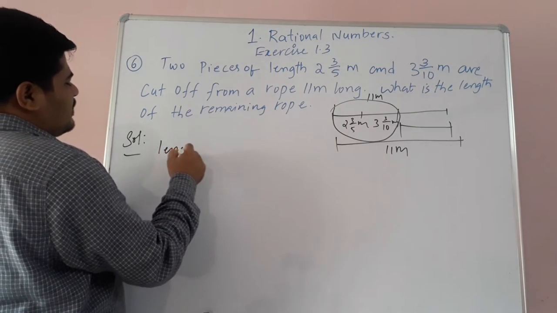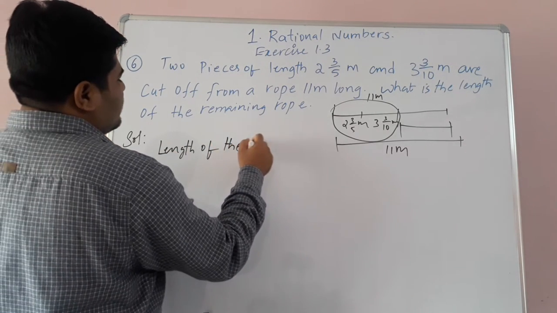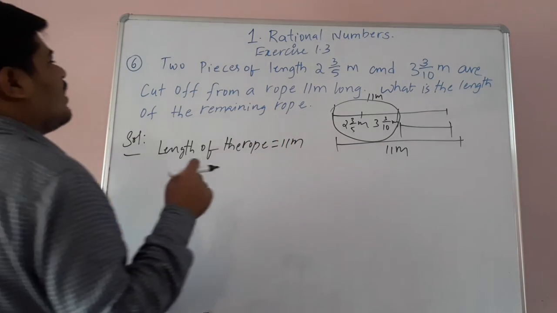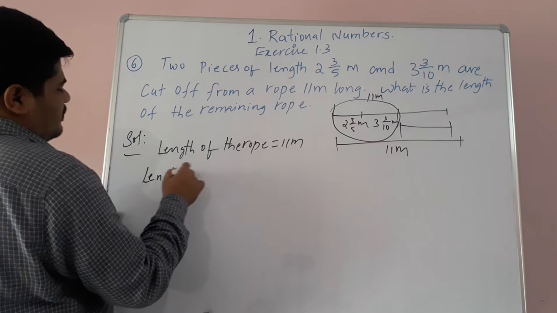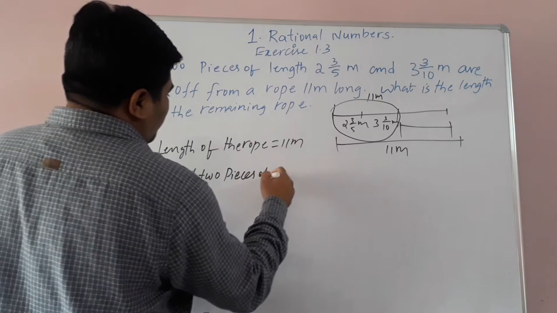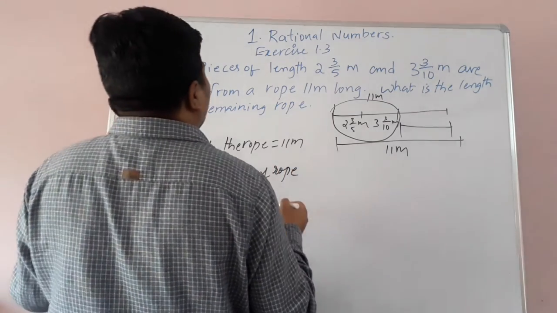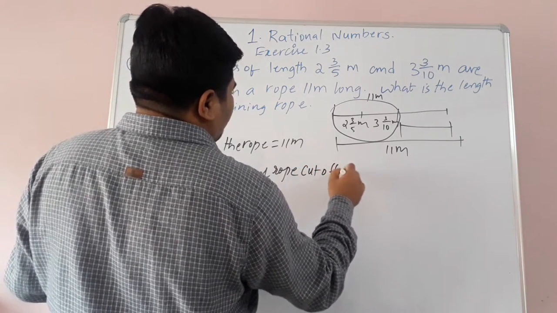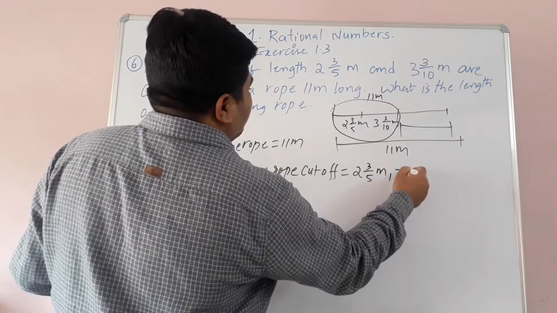So now the length of the rope is equal to 11 meters. Now the lengths of two pieces of rope cut off from the rope: those lengths are 2 3/5 meters, comma, 3 3/10 meters.